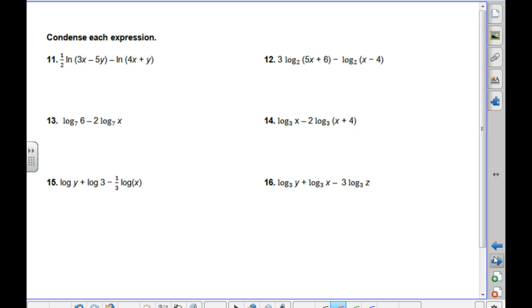Do you want to condense a couple or not? Yes. Which one? 15. Okay. The plus will become multiplication, so we'll have y and a 3. I'm just going to write 3y. And then it's minus, so that's what?